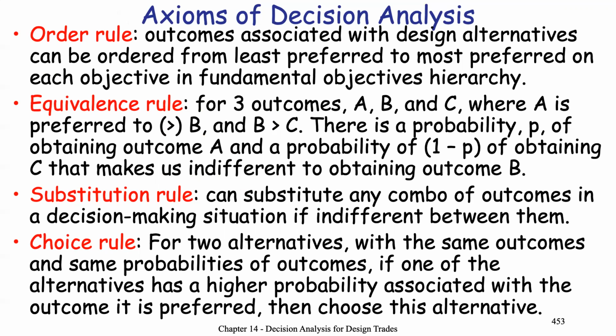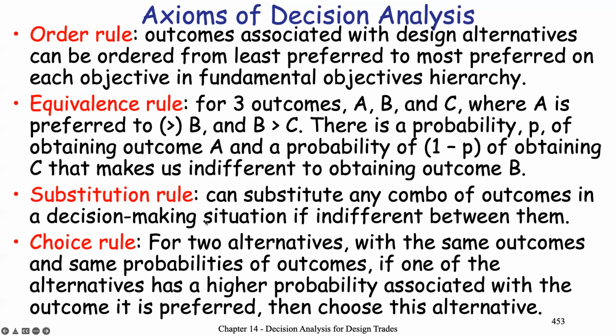An equivalence rule is, say you have three outcomes, A, B, and C, where A is preferred to, that is greater than B, and B is greater than C. Therefore, there's a probability of P of obtaining outcome A and a probability of 1 minus P of obtaining C that makes us indifferent to obtaining outcome B. So this gives us a way of how to relate these different possible outcomes.